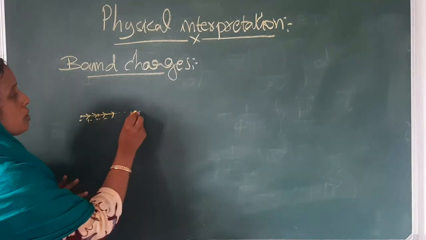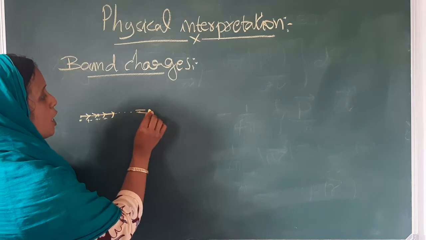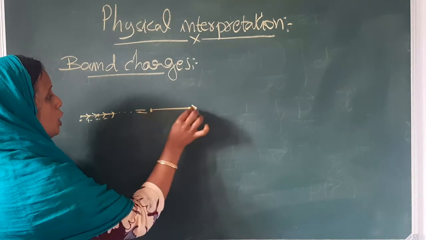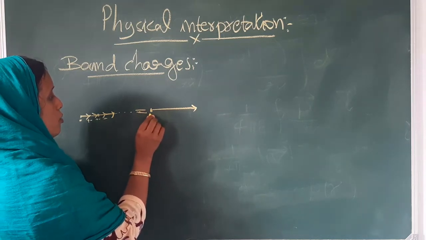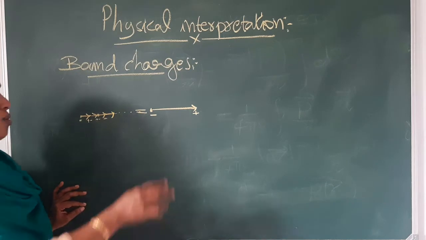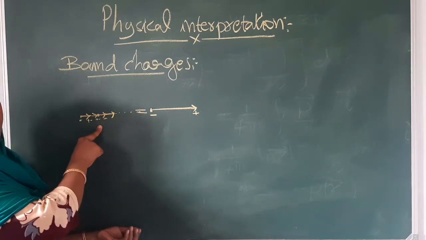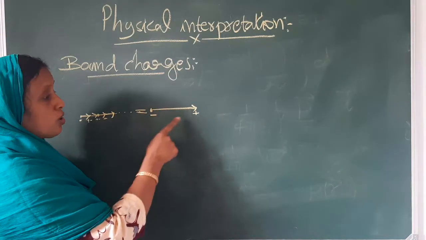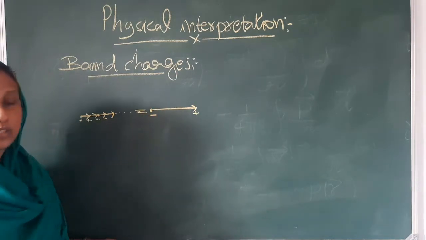So this looks like a long dipole with two charges at both ends. This polarized object looks like a single long dipole in this form.